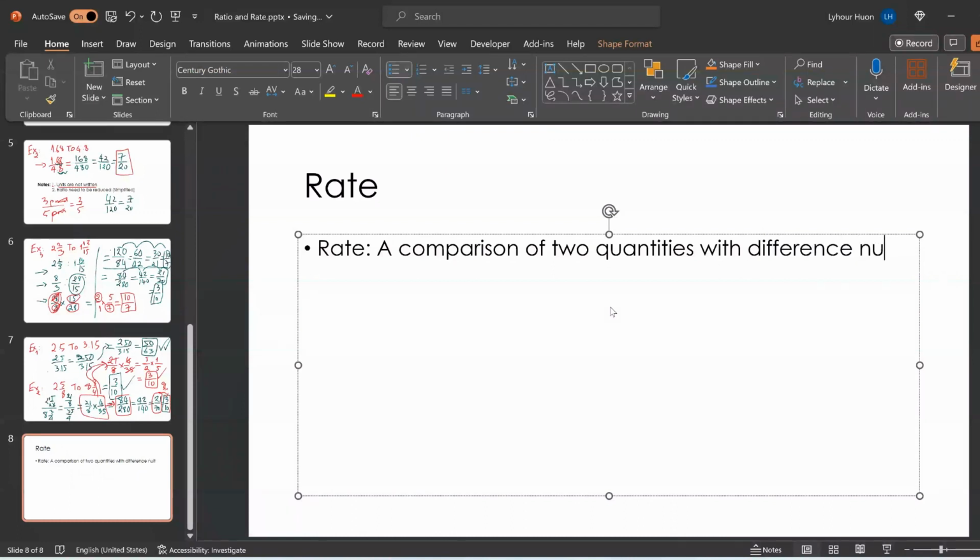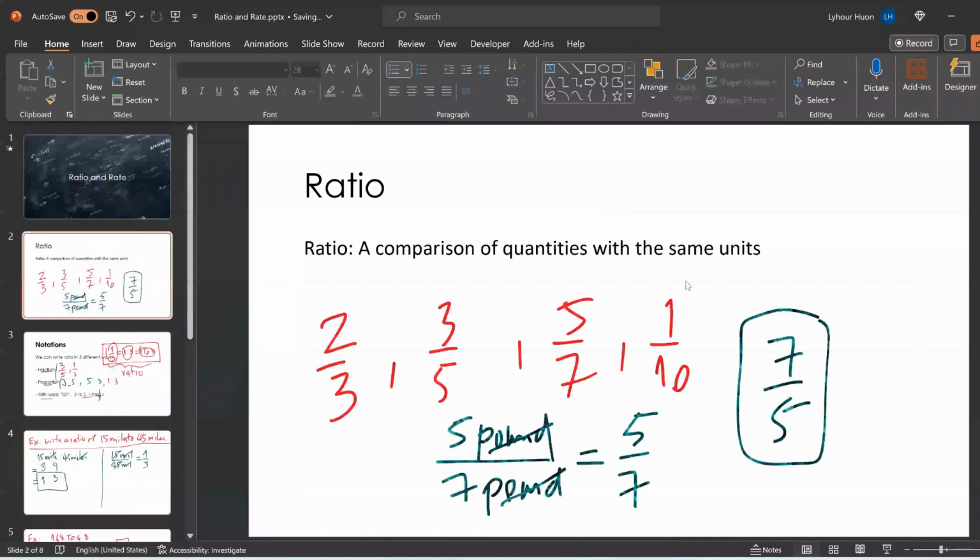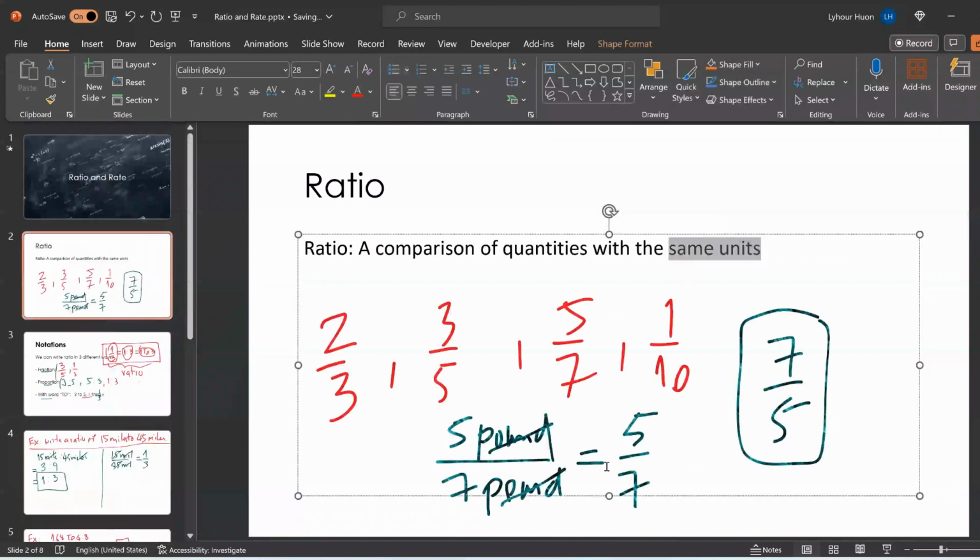That's why with the rate you always see the units. Ratio doesn't come with units because it's the same unit. So when we simplify the units, like £5 over £7, it's only the number with the number, like 5/7.